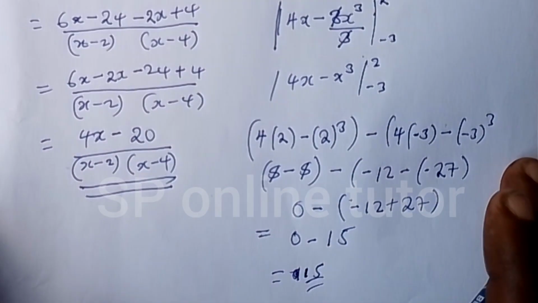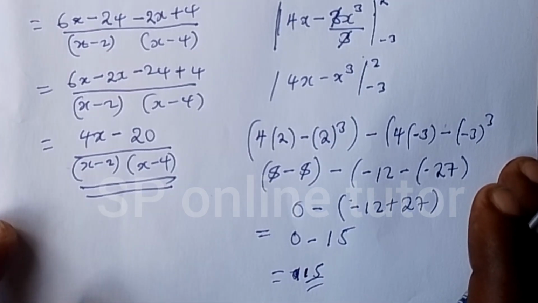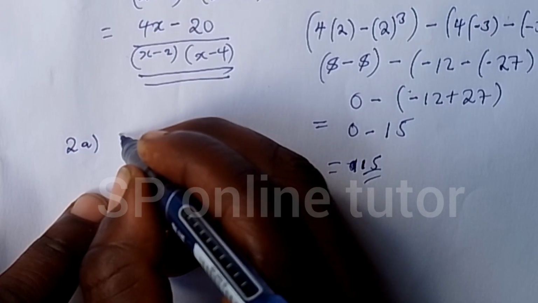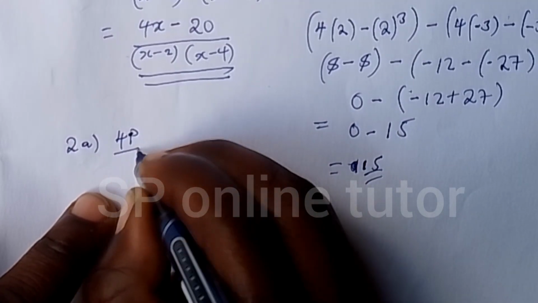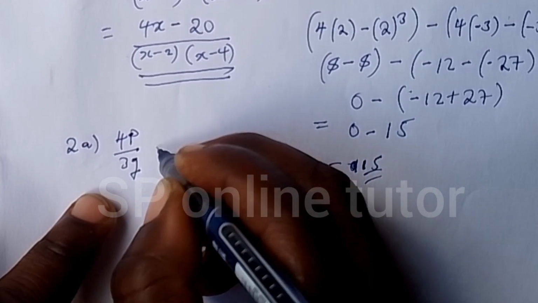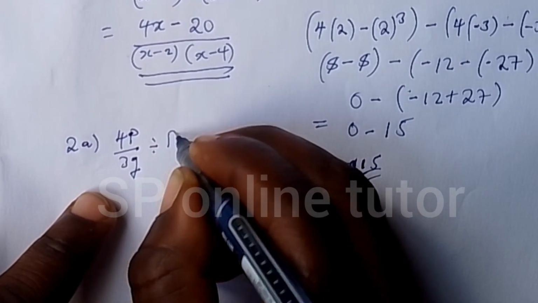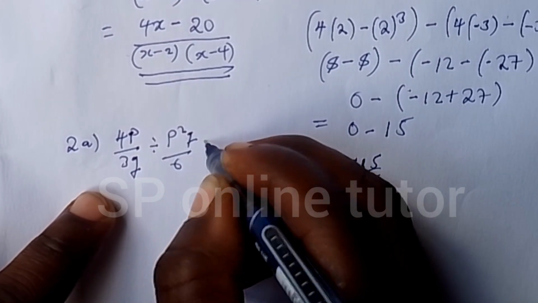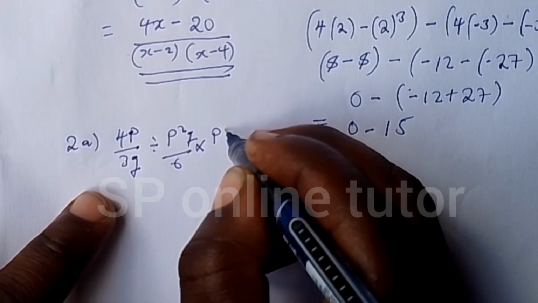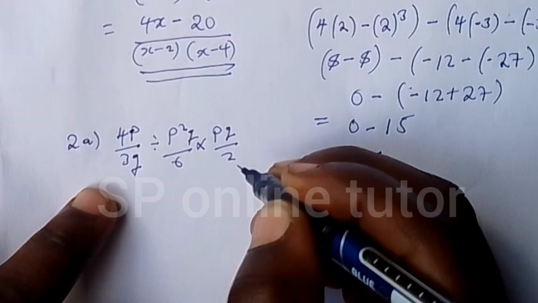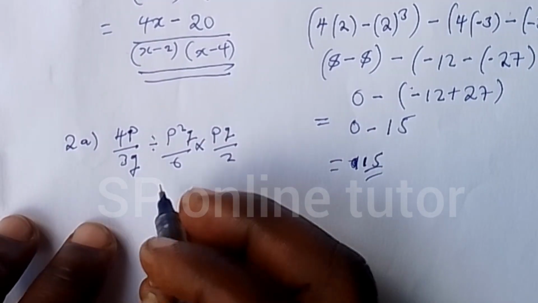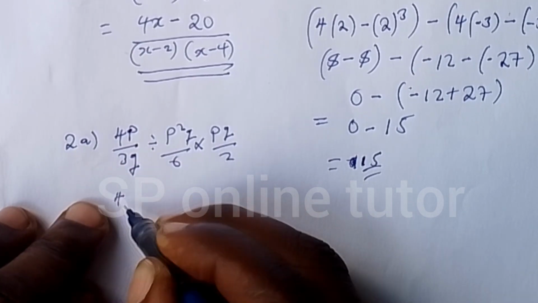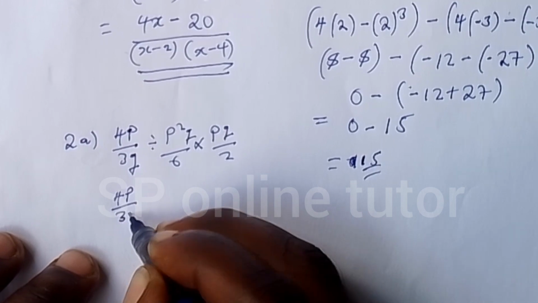Then now let's move on to the next question. We have to simplify 4p over 3q, divided by p squared q over 6, then times pq over 2. Let's get started. 4p over 3q.